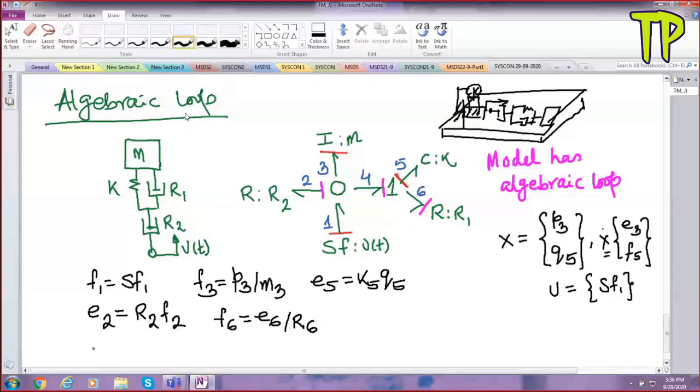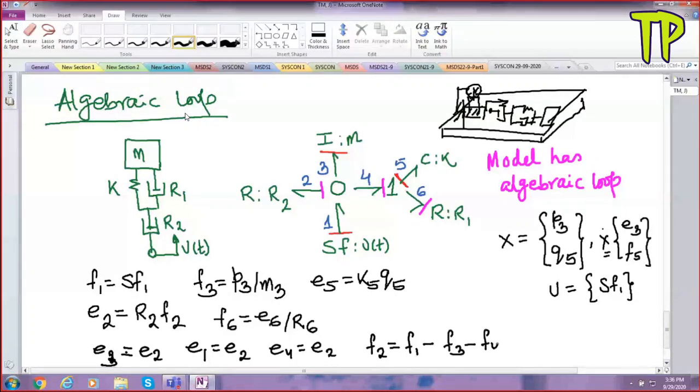We will write E2 equal to E3. E3 is equal to E2, that is the strong bond. E1 is equal to E2. E4 is equal to E2. And we will write F2 equal to F1 minus F3 minus F4. That is for the zero junction.